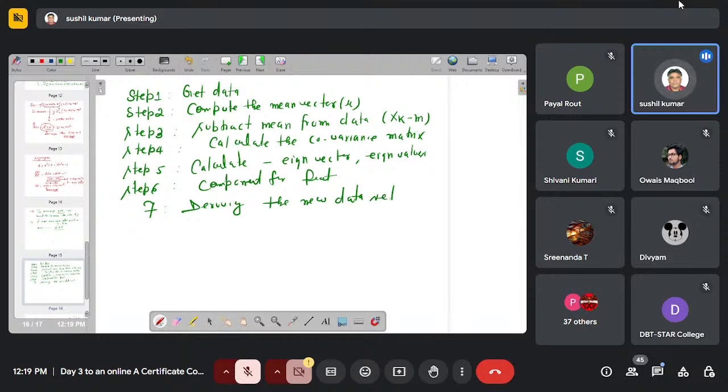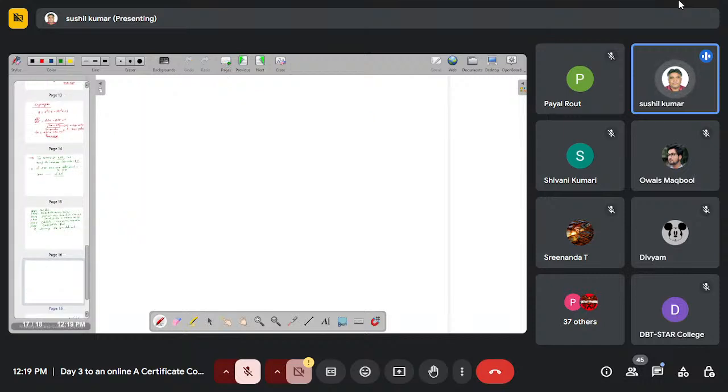Okay, so here I already told you why the maximum value of the eigenvector is considered. So I will take the data here, x is equal to 1, 2, 3, and y is equal to 1, 5, and 3.